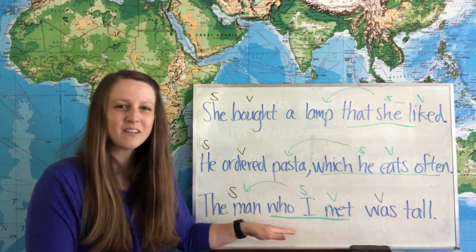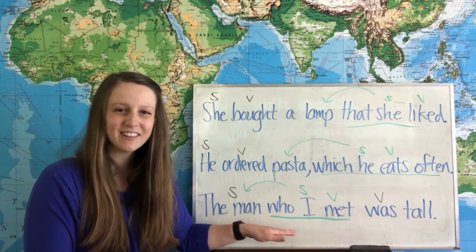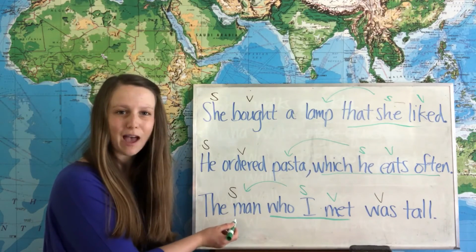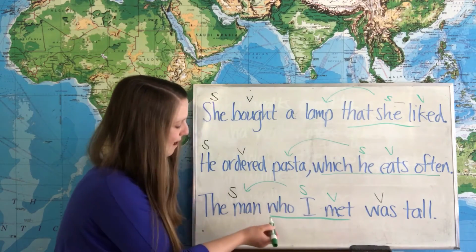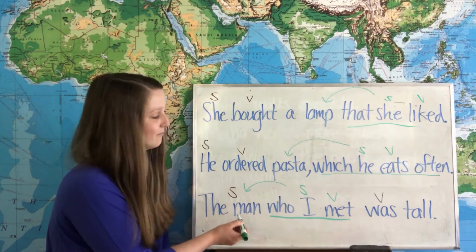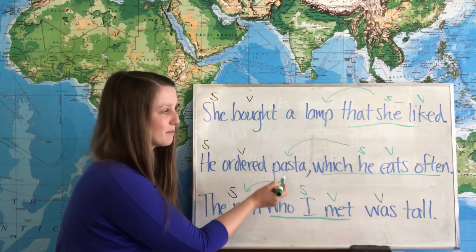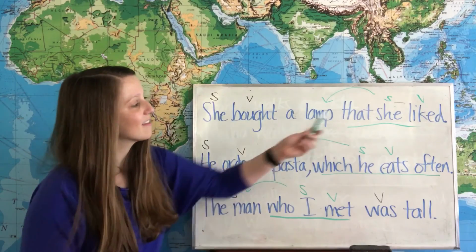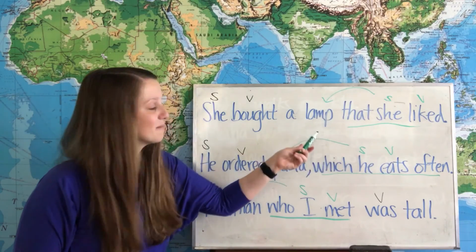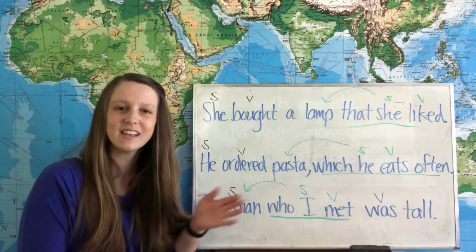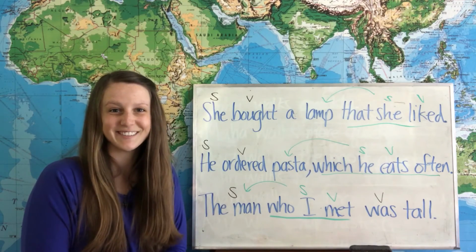The most important thing is that the adjective clause comes just after the noun that it describes. Who I met describes the man. Which he eats often describes the pasta. And that she liked describes the lamp. The adjective clause always comes just after the noun that it describes.